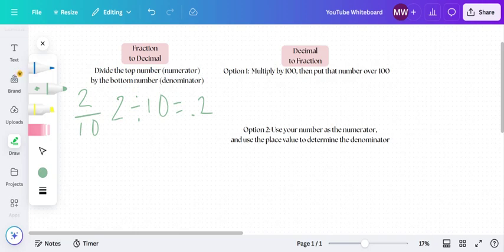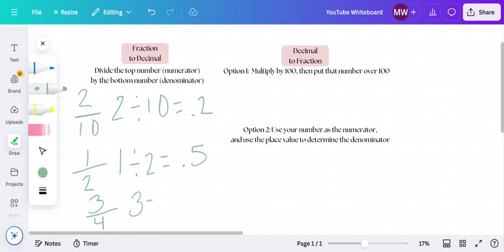So another example would be, maybe there's some that you already know. If we had 1/2, a lot of you already know what 1/2 is as a decimal, but if you don't, you can do 1 divided by 2, and that would give you 0.5. Another one people might know already would be something like 3/4.